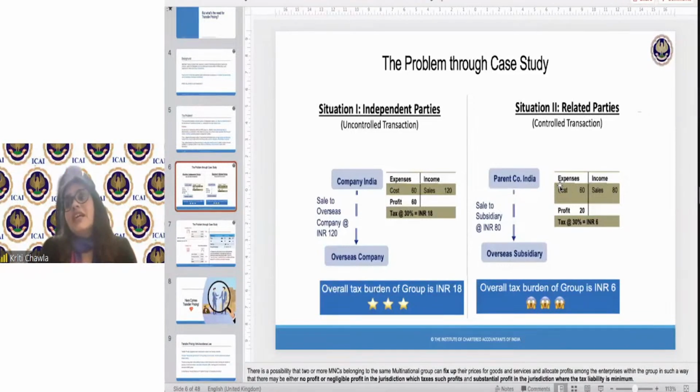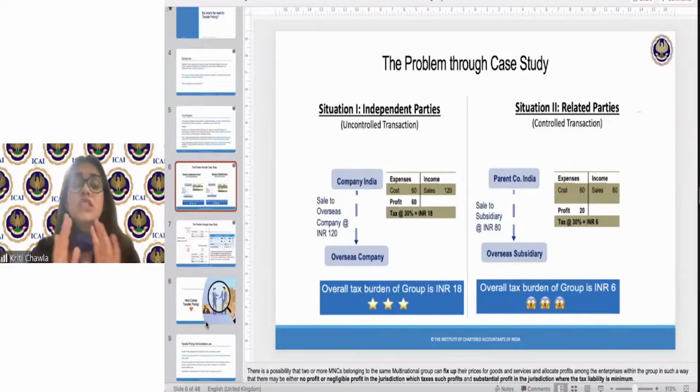There are certain situations wherein my related party is producing or manufacturing a commodity which is not manufactured by anyone else in the entire world. What do you do then? Where is the independent party? Well, in this particular situation, we have a different transfer pricing method in place. We have 5 methods. I'm going to talk about those particular 5 methods in the next lecture. So we'll make use of those particular methods.